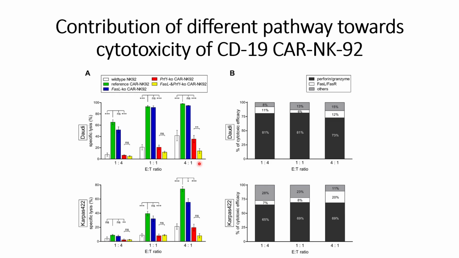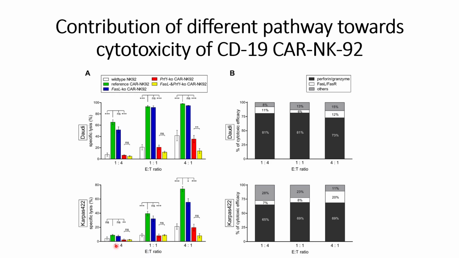They did similar studies on the Karpas422, and here also they see no significant difference between the reference CAR-NK92 and the wild type NK92 at the 1:4 effector target ratio. But as they increase the effector to target ratio, they see enhanced cytotoxicity for the reference CAR-NK92.